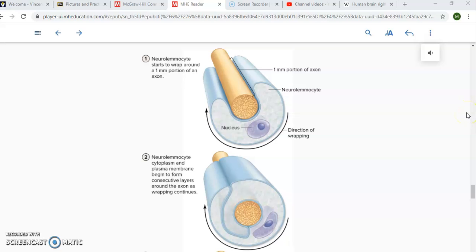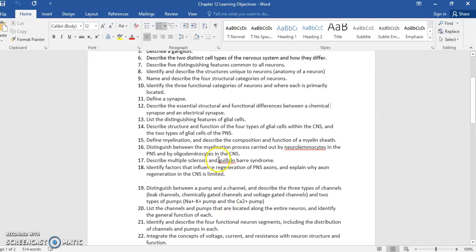Okay, so now let's go to our objectives, to make sure we don't forget anything. We're going to talk about multiple sclerosis and Guillain-Barré syndrome. These are disorders associated with a problem with the glial cells, so it gives you an appreciation of the importance of the glial cells, even though they're not the ones sending nerve impulses or action potentials within the nervous system.